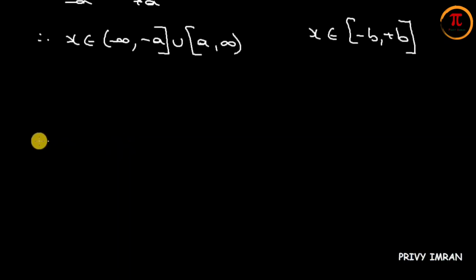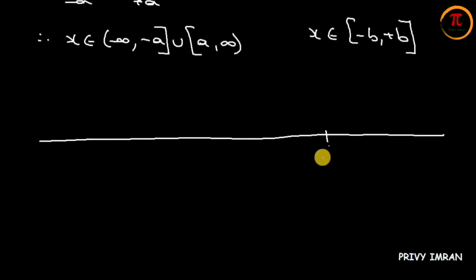Now let me draw a number line. Hence here it is a and again here it is b and here minus a and again here it is minus b. Now if you observe here, minus infinity to minus a union a to infinity.